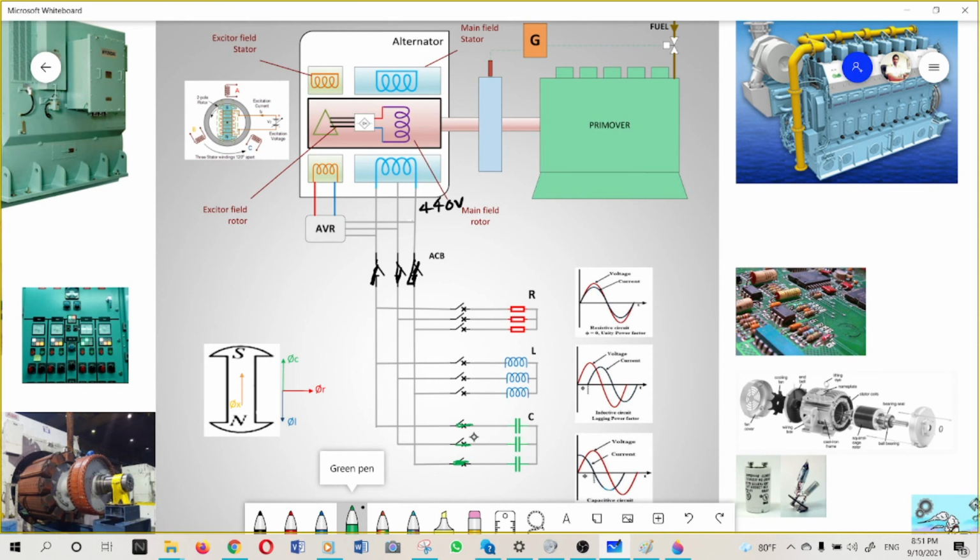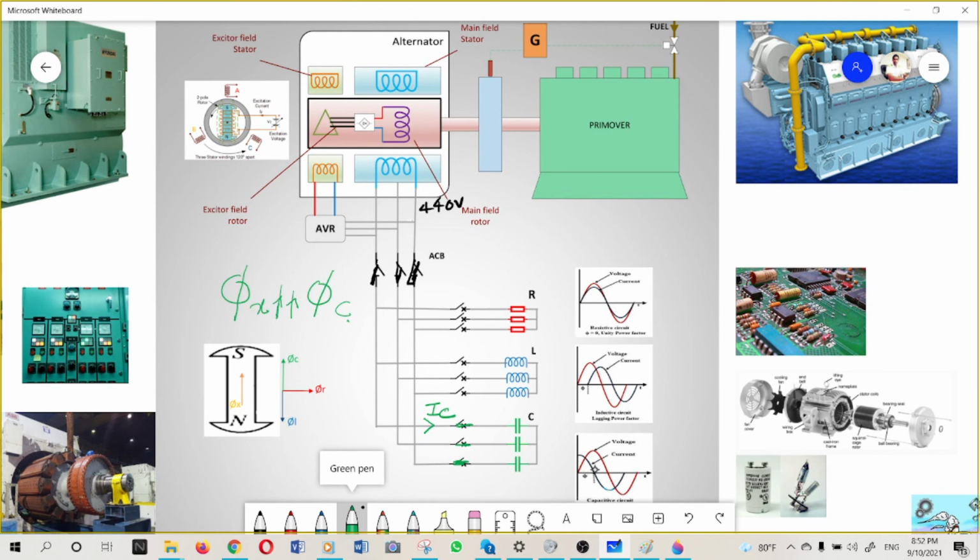Due to this capacitive load connection to the bus bar, there will be a current flow IC, flowing through the stator winding the same way, and another magnetic field will be induced, which we call phi C. It will be parallel and in the same direction as the initial magnetic field of the main field.